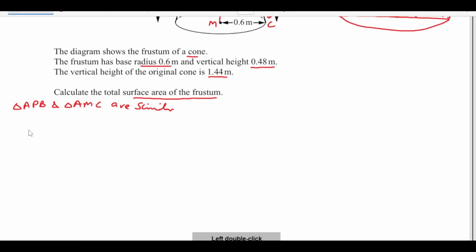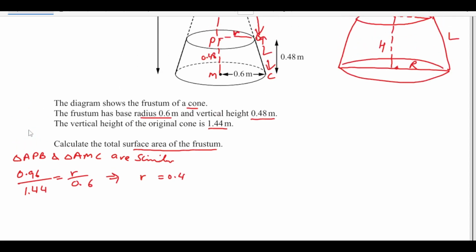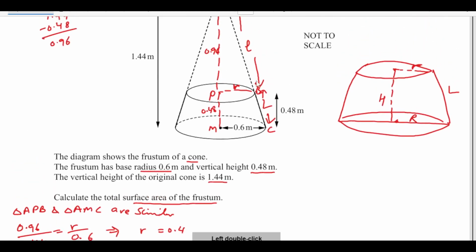So we will be taking the ratio of the similar parts. It is going to be 0.96 over 1.44 equals r over 0.6. From here we can find r is 0.4. So this smaller part, this r, is 0.4.